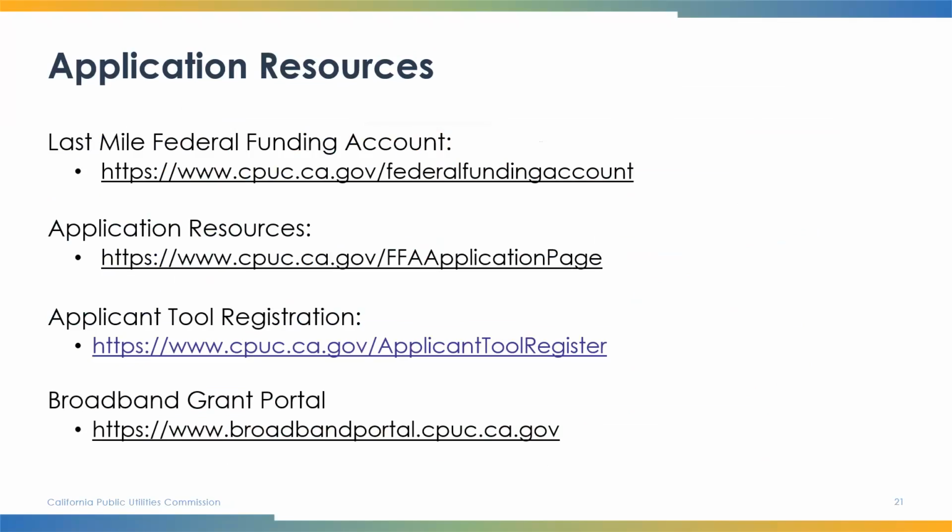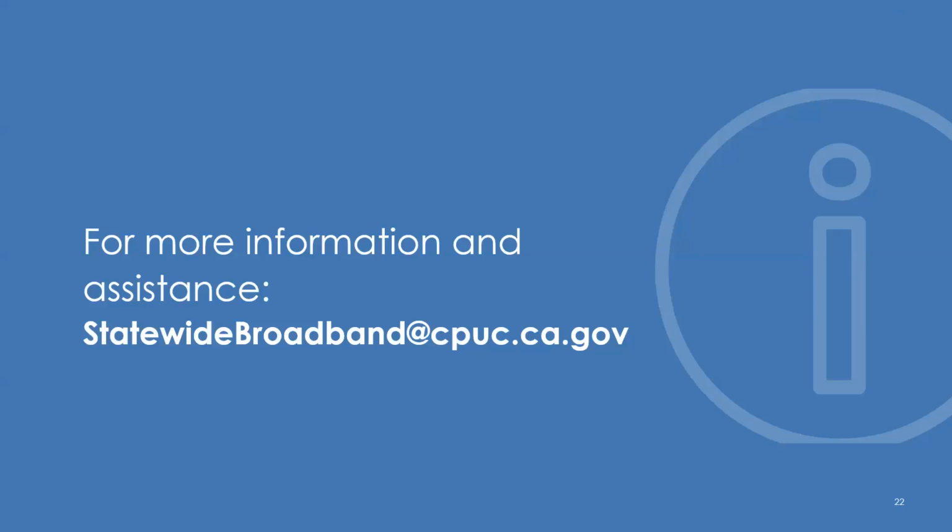To register for the applicant tool, go to www.cpuc.ca.gov/applicant tool register. To access the Broadband Grant Portal, go to www.broadbandportal.cpuc.ca.gov. For more information or assistance, contact the CPUC at statewidebroadband@cpuc.ca.gov.